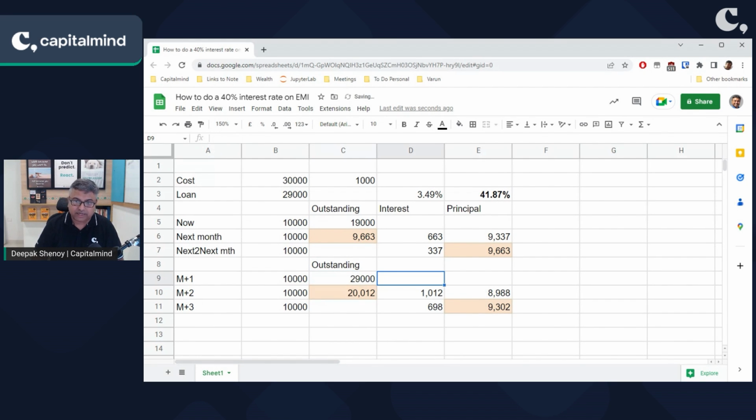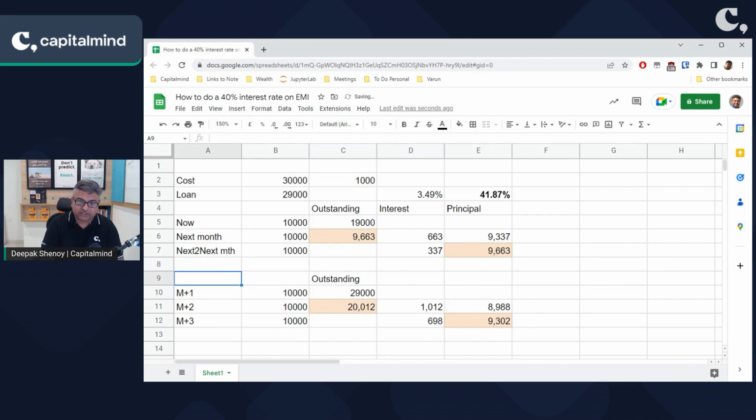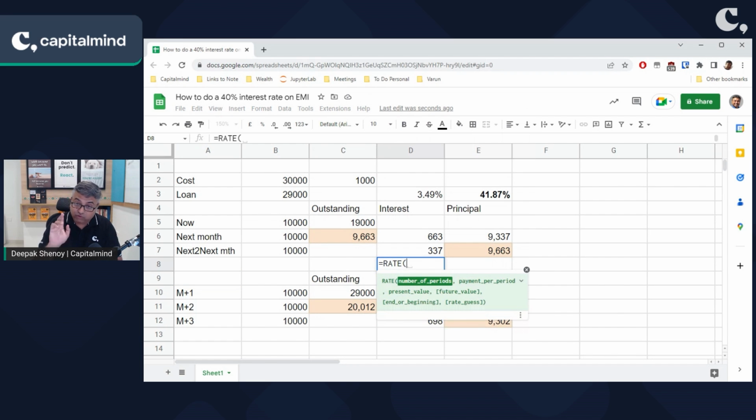Okay, let me try that. The interest I will pay on this is equal to something else. Let me just see if I can. So the actual interest rate is, let's say, if I change the interest rate to =RATE, instead of 2, I say 3.